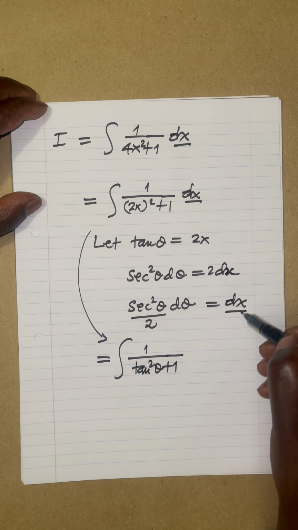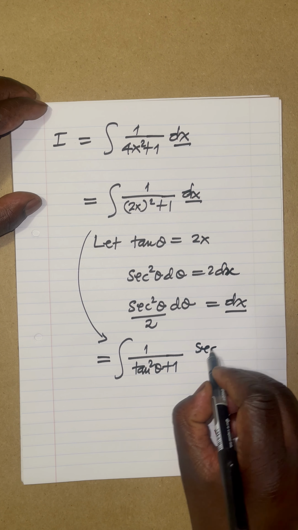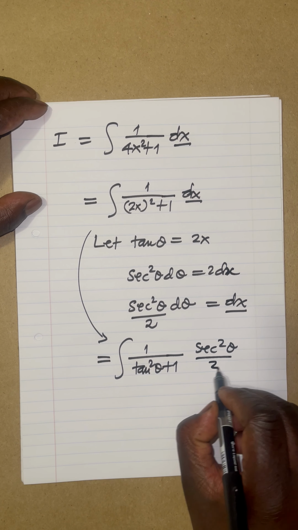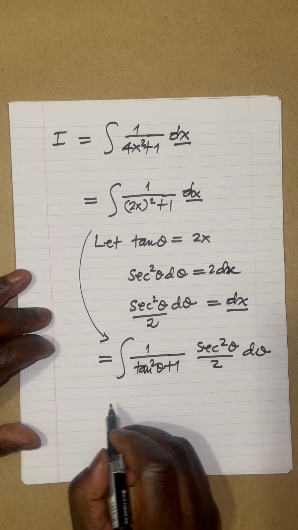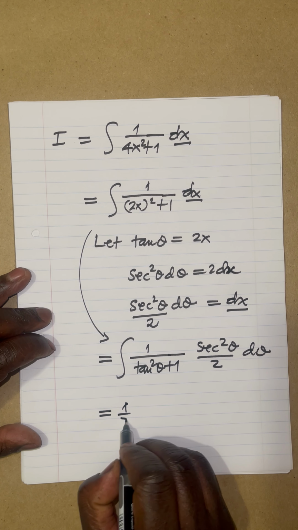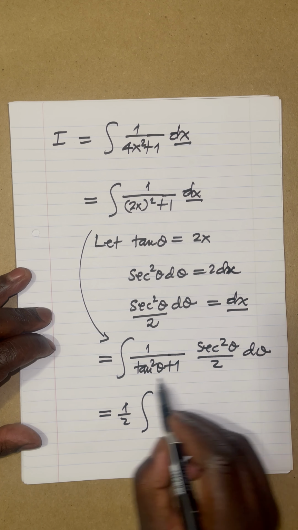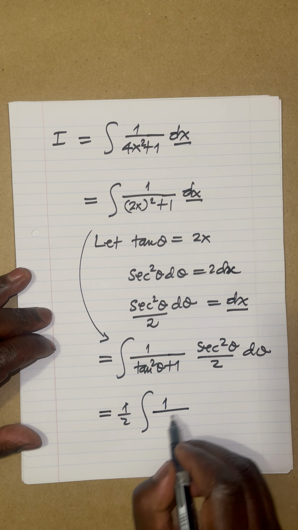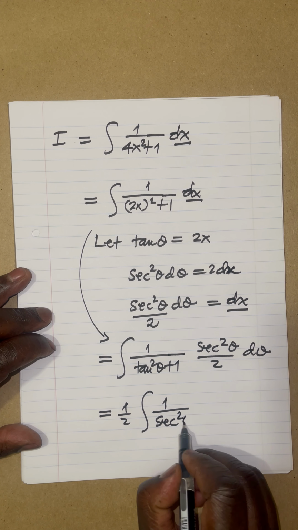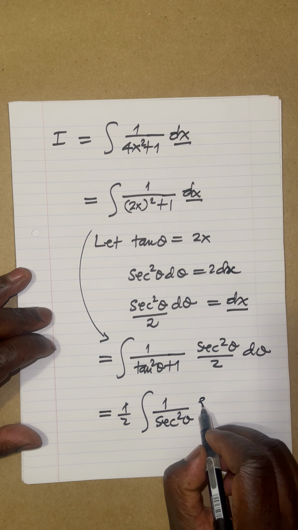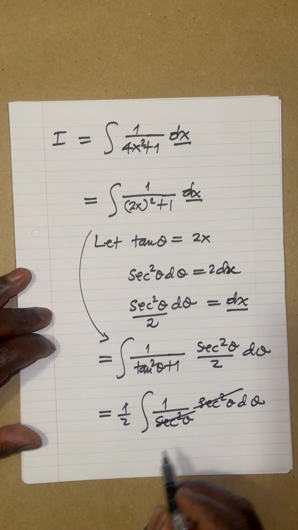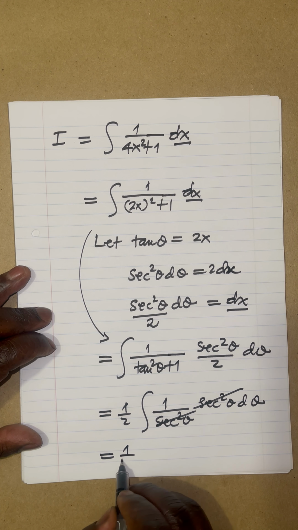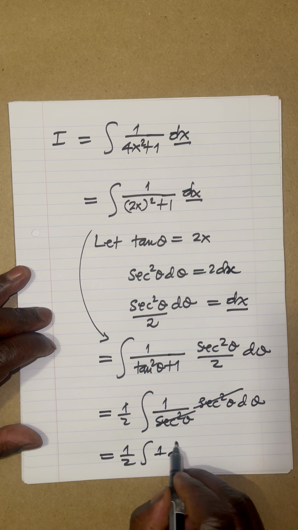Instead of having dx, I'm going to have sec squared theta over 2 d theta. 2 is dividing, I take it out, 1 over 2. You'll agree with me by now that tan squared plus 1 is sec squared, and then we have sec squared theta d theta. See these cancel? We're saying 1 over 2, the integral of 1 d theta.